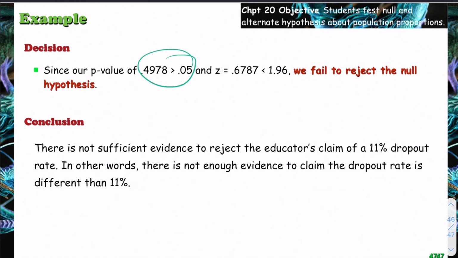Since our p-value is greater than our alpha level, and our z-score is less than 1.96, which was our critical value, we fail to reject the null hypothesis. In conclusion, there's not sufficient evidence to reject the educator's claim of an 11% dropout rate. In other words, there's not enough evidence to claim that the dropout rate is different than the 11% that this teacher proposed.